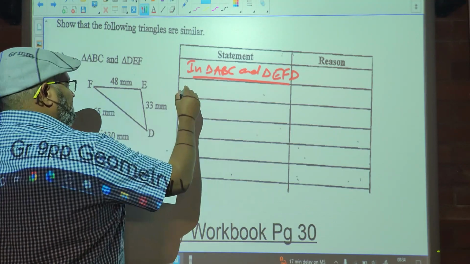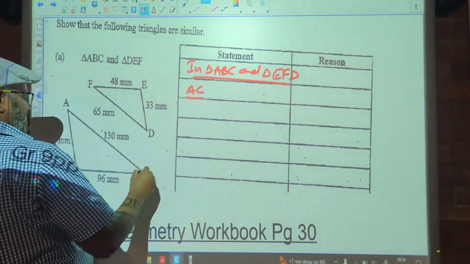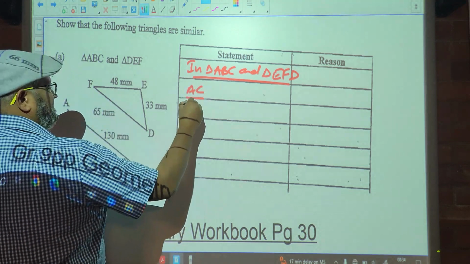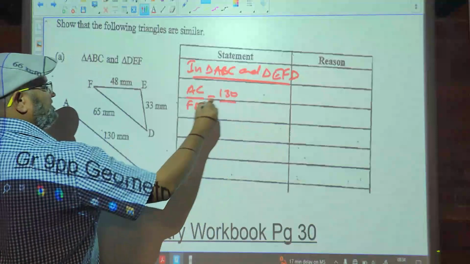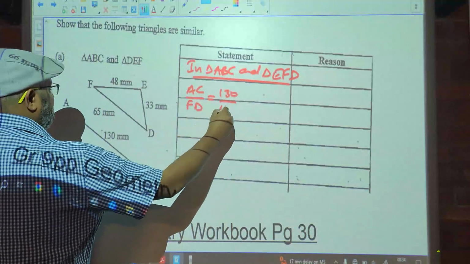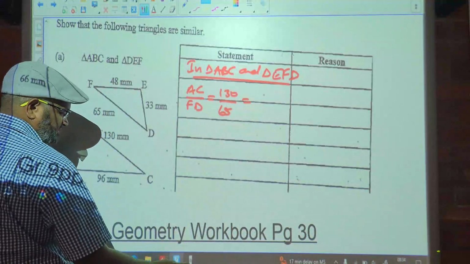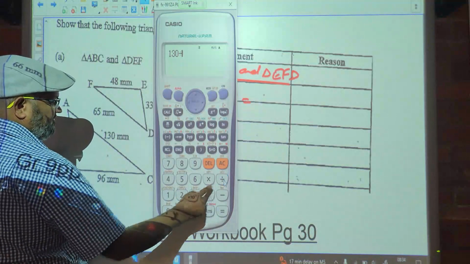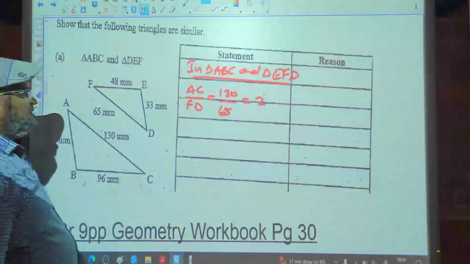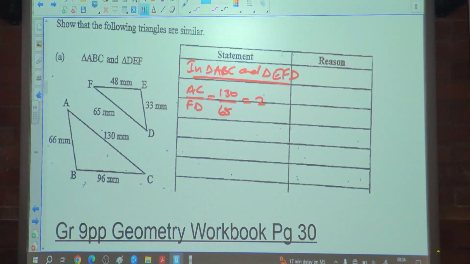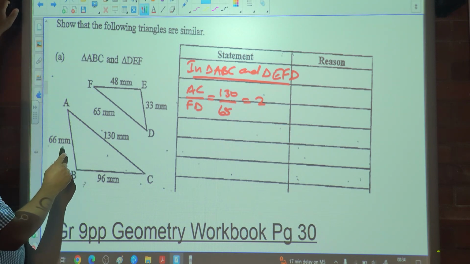So we say, okay, let's see what's AC over FD. So that's going to give you 130 over 65, I think it's 2. Yep. So which other angles do you think we're going to work with? Or which other lengths? 66 over 33.